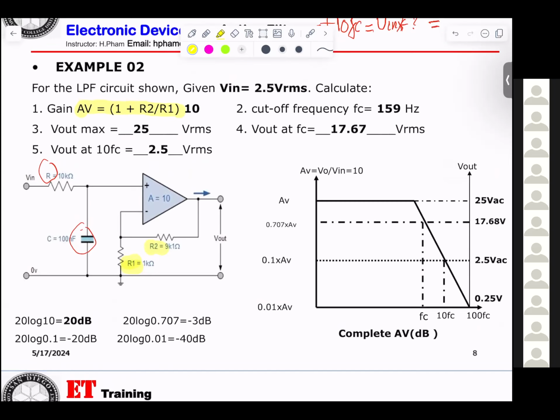So you take the gain of 10 times 2.5 VRMS, and you get 25.